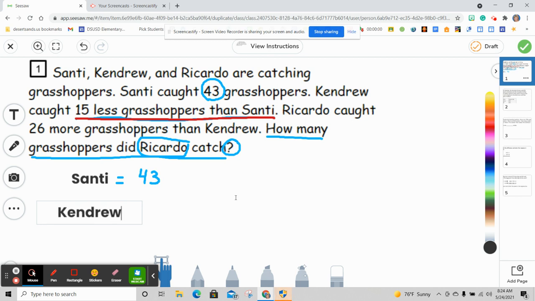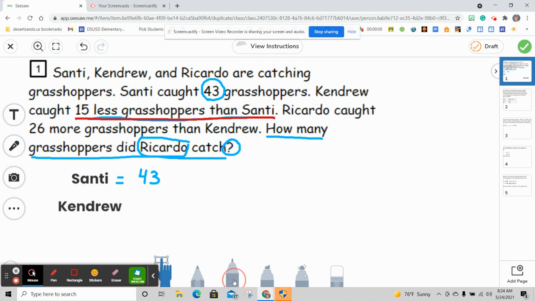I'm taking in now the information for Kendra. And we know that Kendra caught 15 less. That means take away 15. 15 less grasshoppers than Santi.